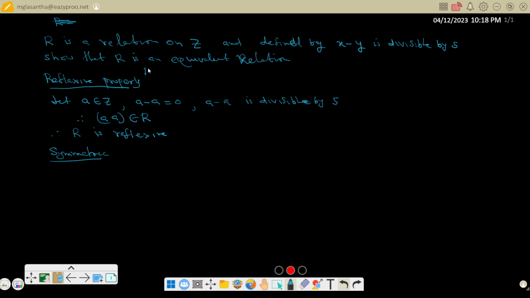Our relation is R equals (x, y), so you can write it in formal way: (x, y) belongs to the integer set and x minus y is divisible by 5. So these are the relations.